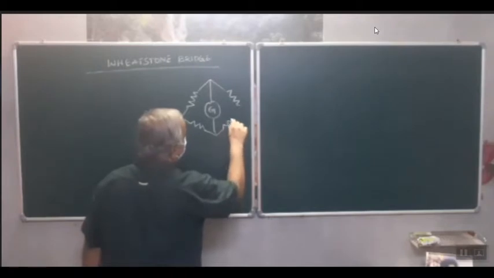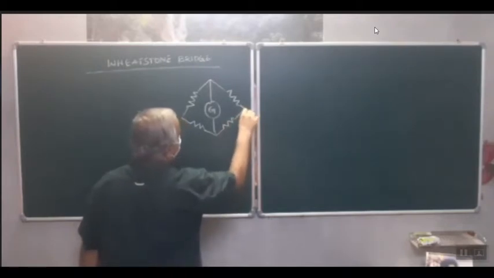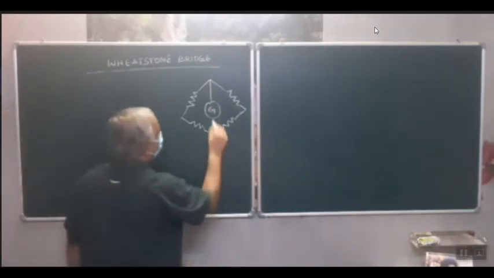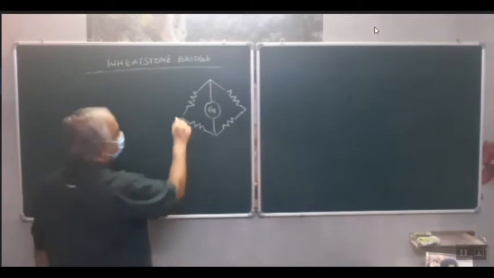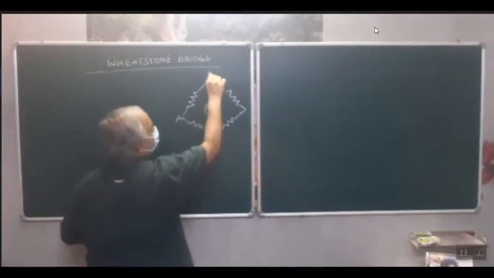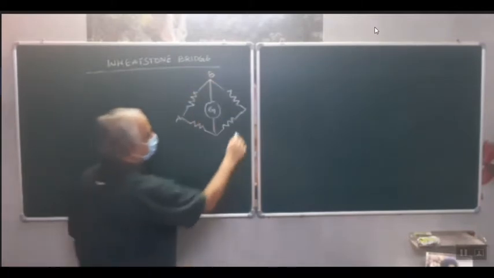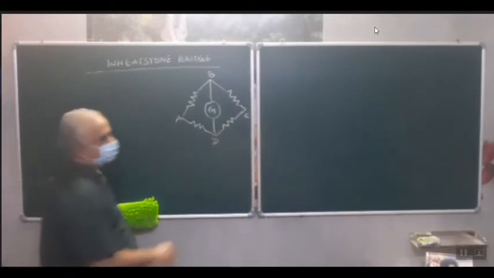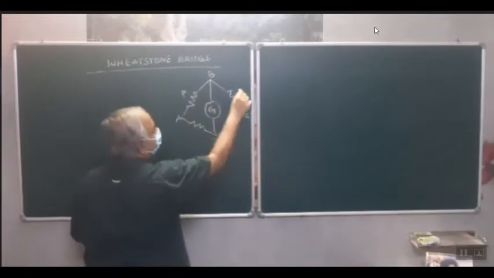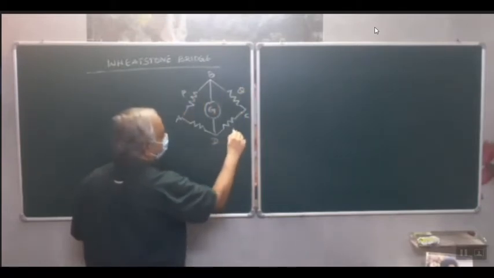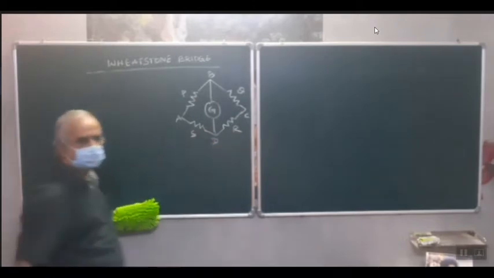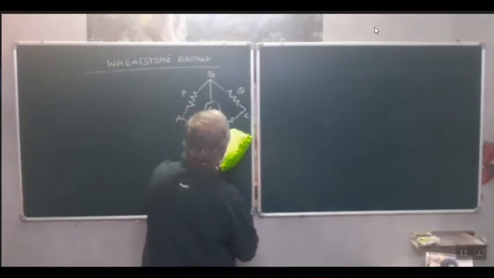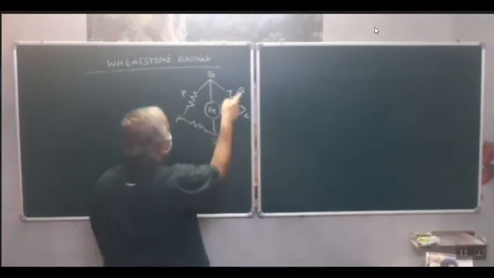The resistors are marked as zigzag lines. We have the junctions A, B, C and D. P, Q, R and S are the resistors.